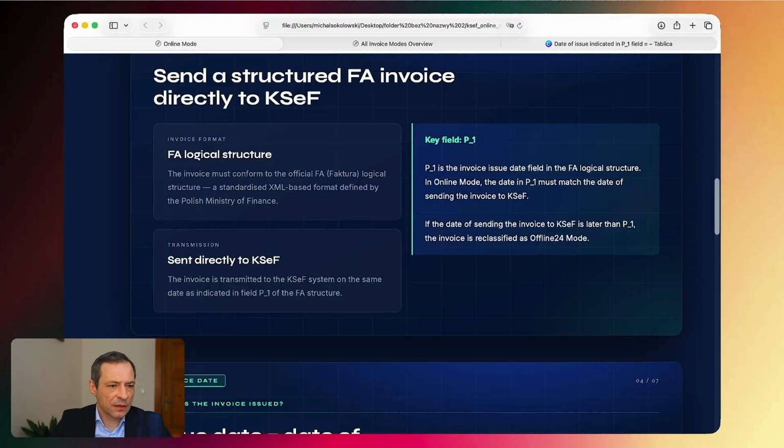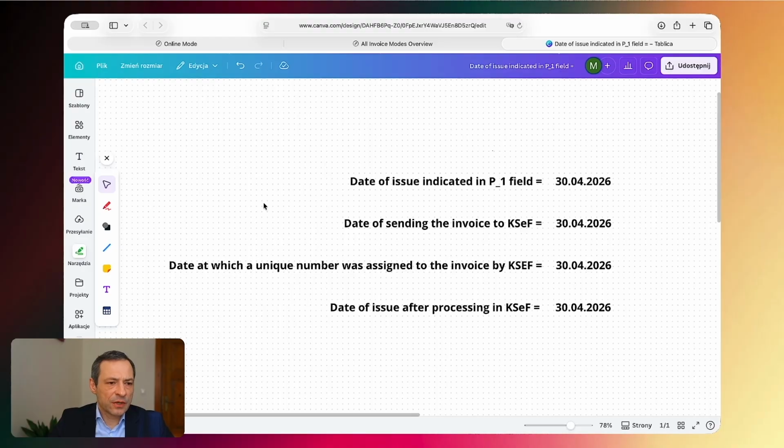To give you an example regarding the issuance of the invoice in the online mode and indicating the date of issue in the P1 field, let us assume we have a date of issue indicated in the P1 field which is equal to 30th of April 2026. Furthermore, we also assume that this invoice was sent to the Polish National Electronic Invoicing System also on the 30th of April 2026.